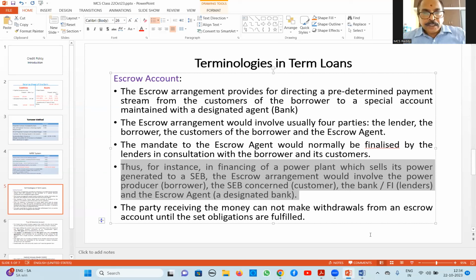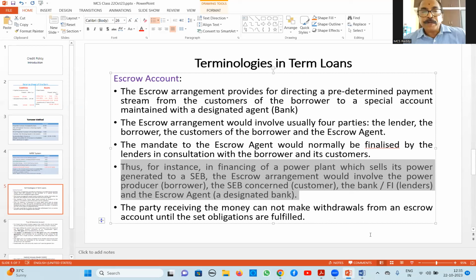If the borrower has access over these cash flows, tomorrow we don't know whether that fellow will pay us or not. And whether the state electricity board will give all the revenues it collects from customers to our borrower, the power plant person, is also uncertain. To overcome this, a separate account is created, which is called an escrow account. For a particular purpose, an account is created: the escrow account.